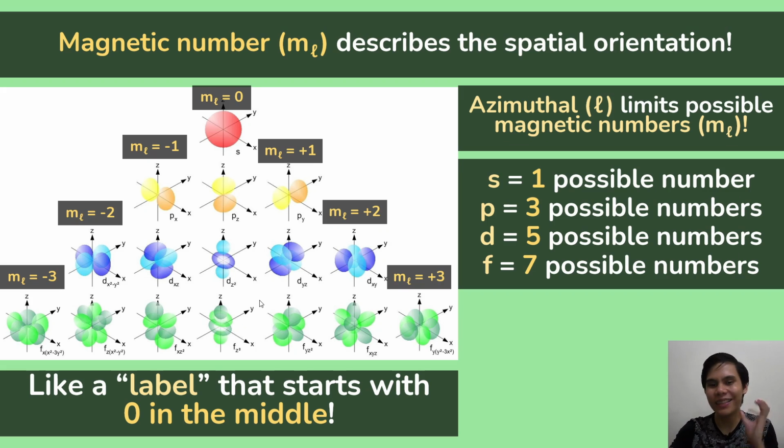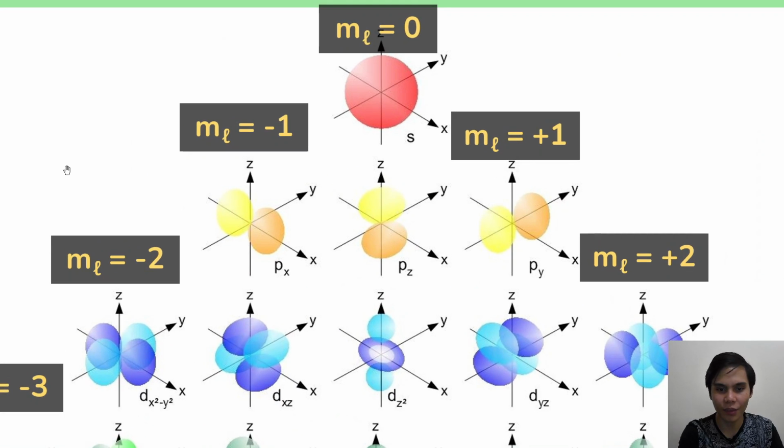Next, we have the magnetic number. This describes the spatial orientation, or how it's flipped around in space, your orbit of the electron. So if the azimuthal is the shape itself, the magnetic number describes how that shape is oriented in space. So if we zoom in on these examples here, for example, your p orbital, in this second row, there's 3 possible orientations in space.